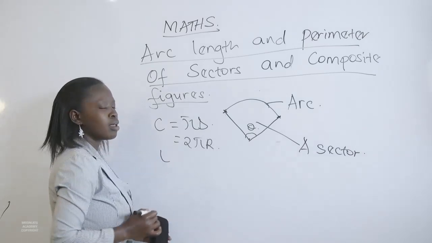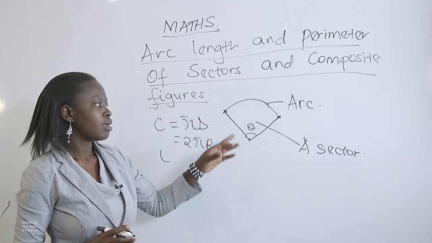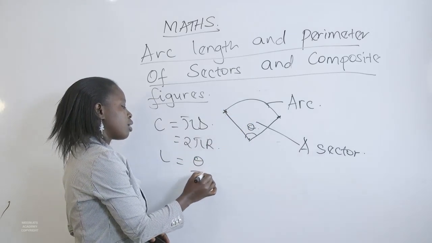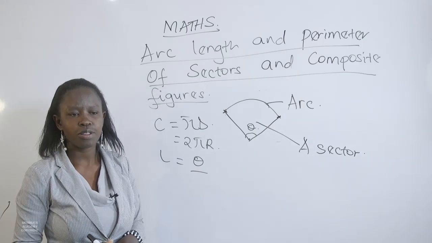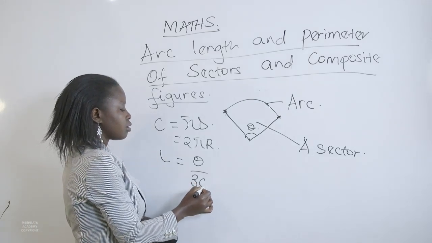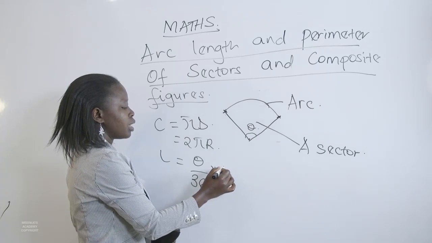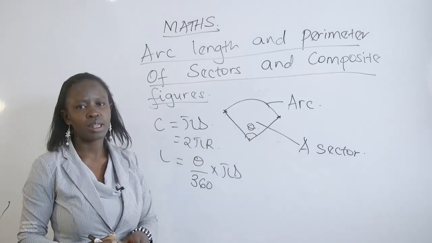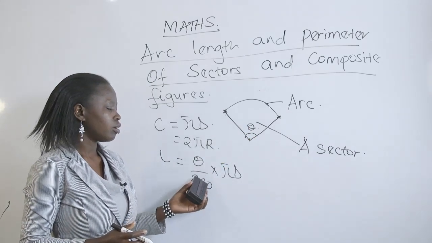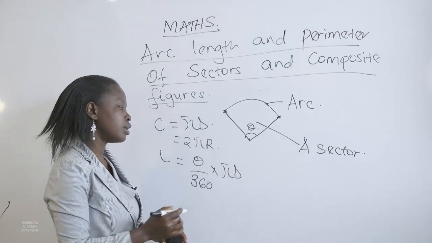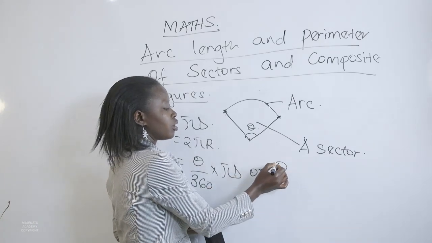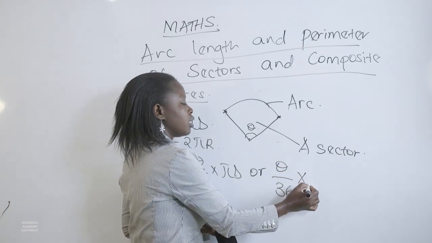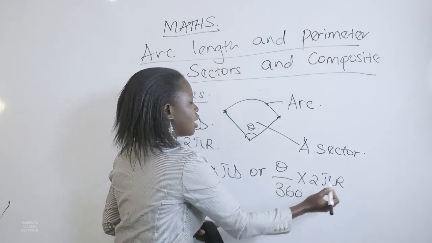So how do we get the length of the arc? The length of the arc will be obtained by the angle subtended at the center of the circle divided by 360 multiplied by pi d, or the angle subtended at the center of the circle over 360 multiplied by 2 pi r.